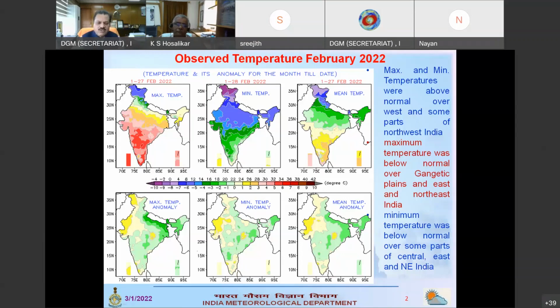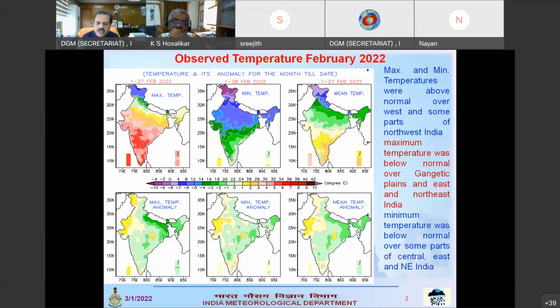Now, if you look at the minimum temperature, you will find that the minimum temperature, as usual, has been distributed with lower temperature to the northern parts and higher temperature towards the southern parts of the country.